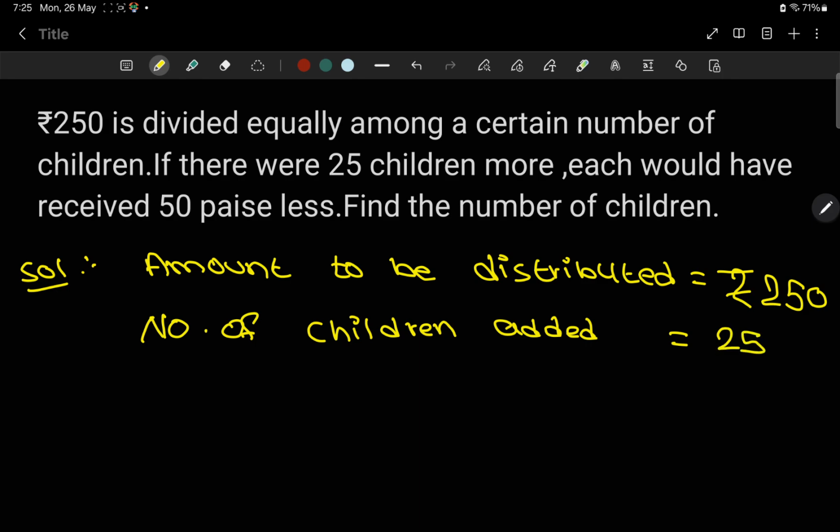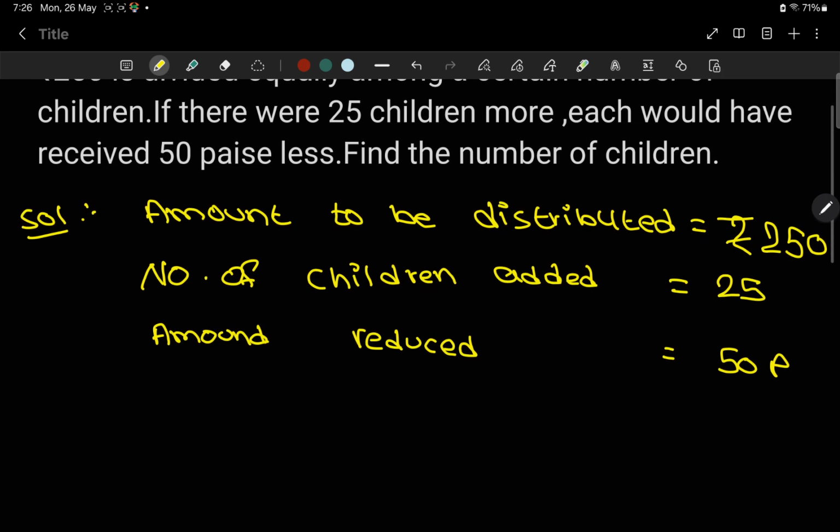So each would get 50 paise less. Amount reduced is equal to 50 paise. P means paise.